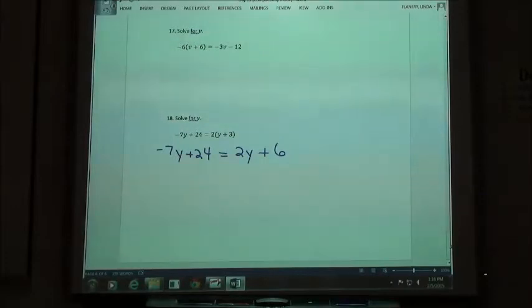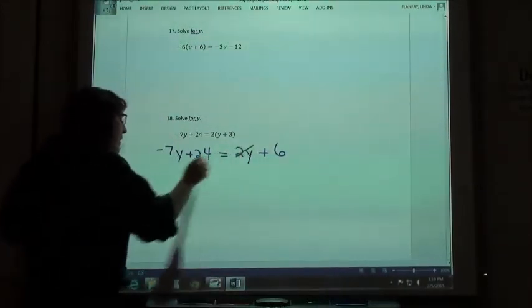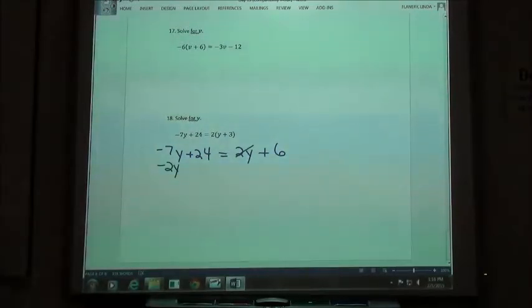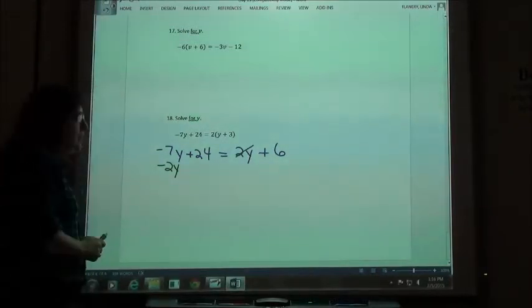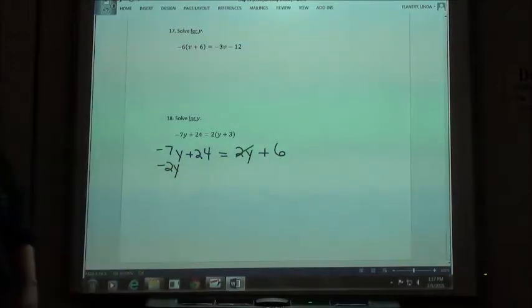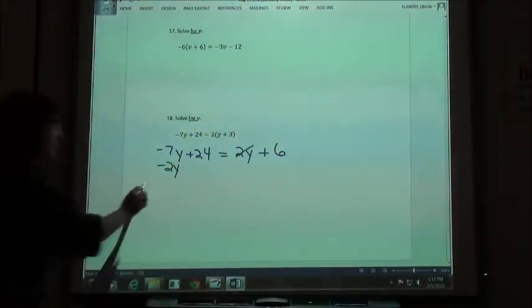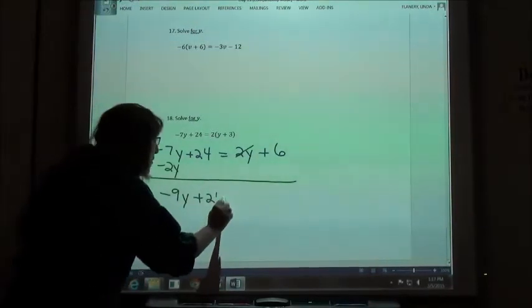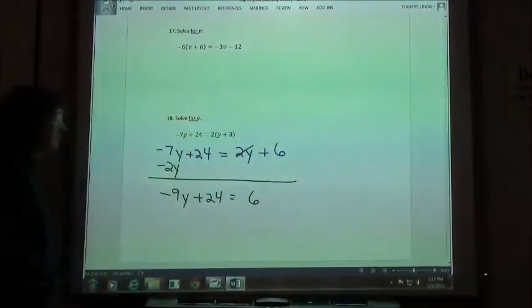Minus my 2y, move that over. You could do that. I could also just move this over here. Negative 9y plus 24 equals 6, right?